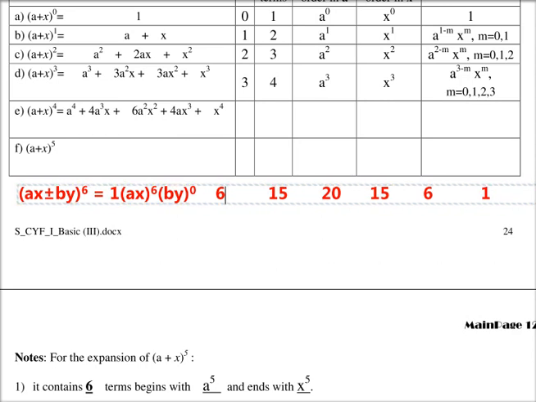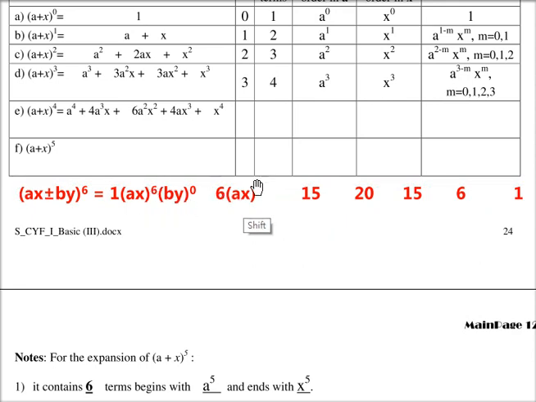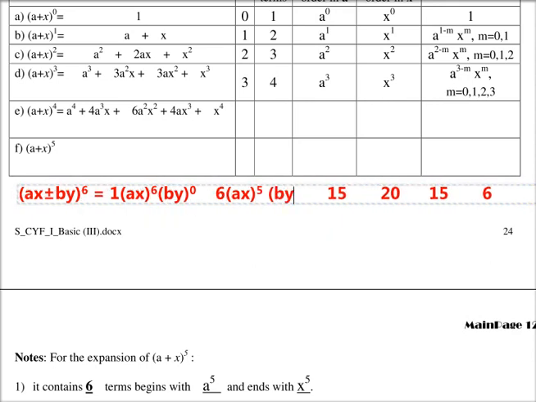For the next term, it is also descending order, so it must be ax to the power 5, because after 6 we have 5. And for by, the second term, it must be to the power 1.